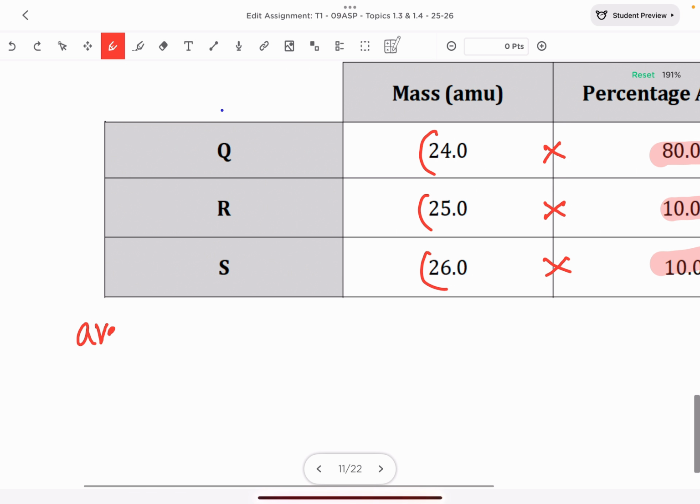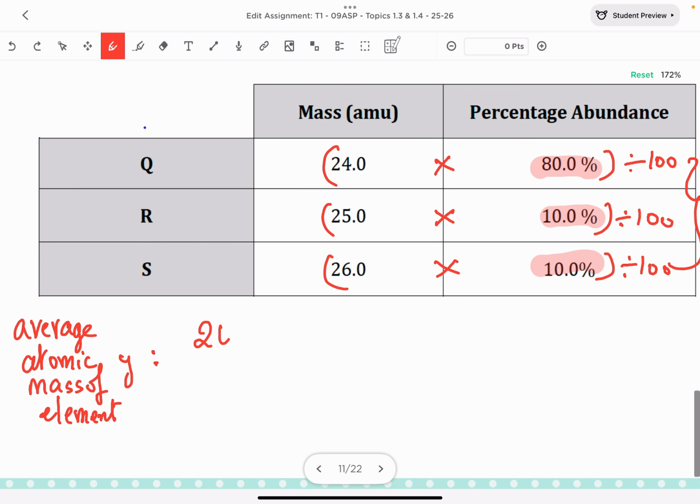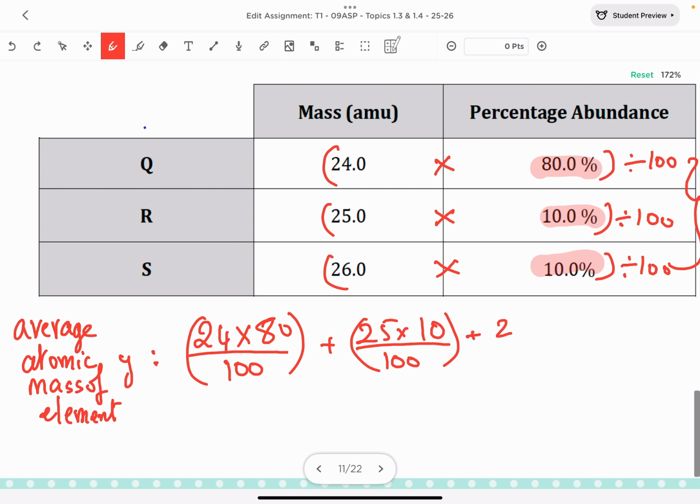So the average atomic mass of element Y is the mass of the first isotope multiplied by the abundance over 100 plus the mass of the second isotope multiplied by the abundance over 100 plus the mass of the third isotope multiplied by the abundance over 100.